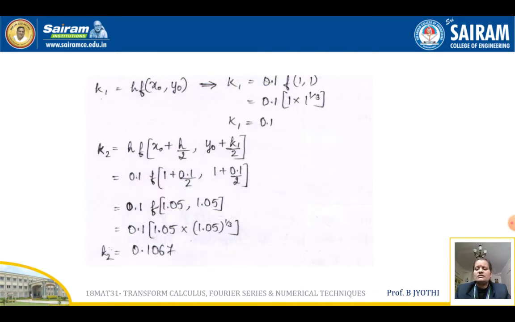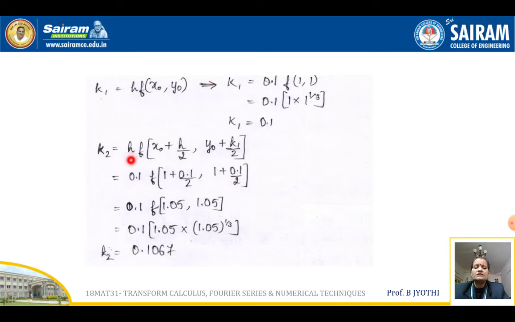So k1 is computed by using the formula h into f of x naught, y naught, which implies k1 is 0.1 into f of 1, comma 1, because x naught and y naught both are 1. But f of x, y is x into y power 1 by 3, therefore 1 into 1 power 1 by 3, and h value is 0.1. And so k1 value is 0.1.